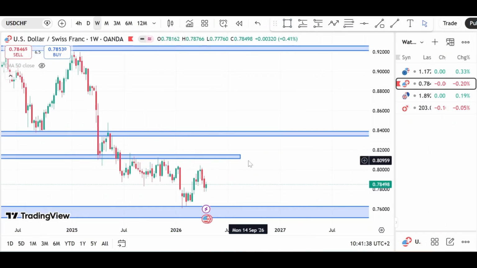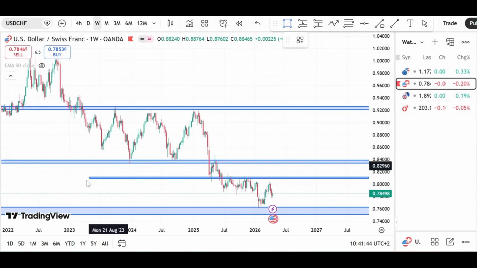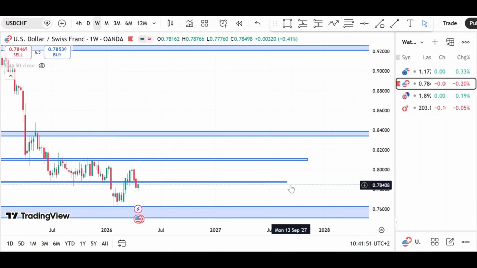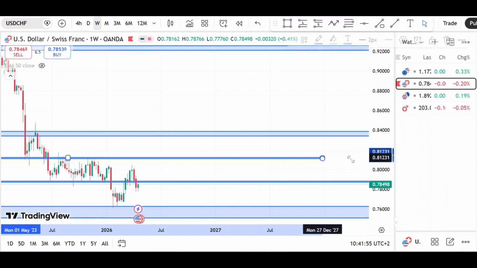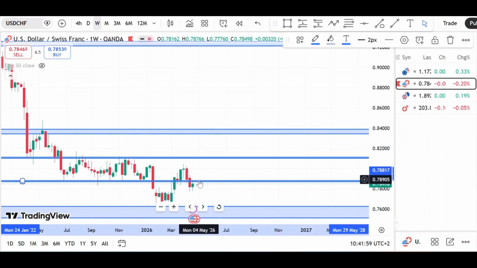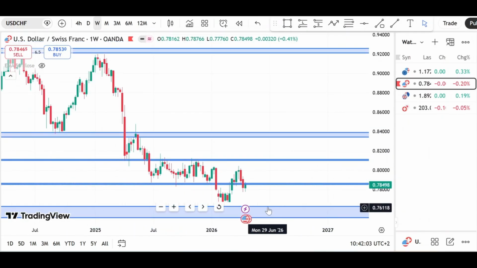so as you can see, we are still in a downward trend, where we are seeing equal highs and equal lows. Okay, cool.